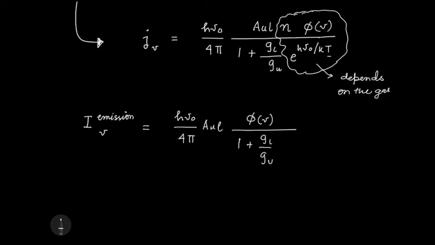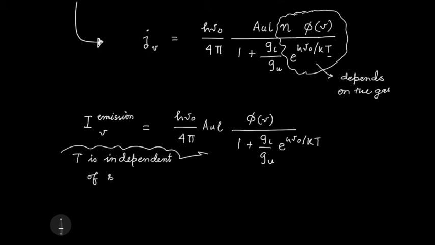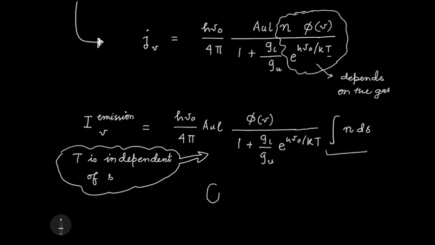And for the time being, let us assume that the temperature is not a function of S. So that's one assumption that we are taking, remember. Then all this comes out of the integral. I get an integral over the number density over the direction of propagation.